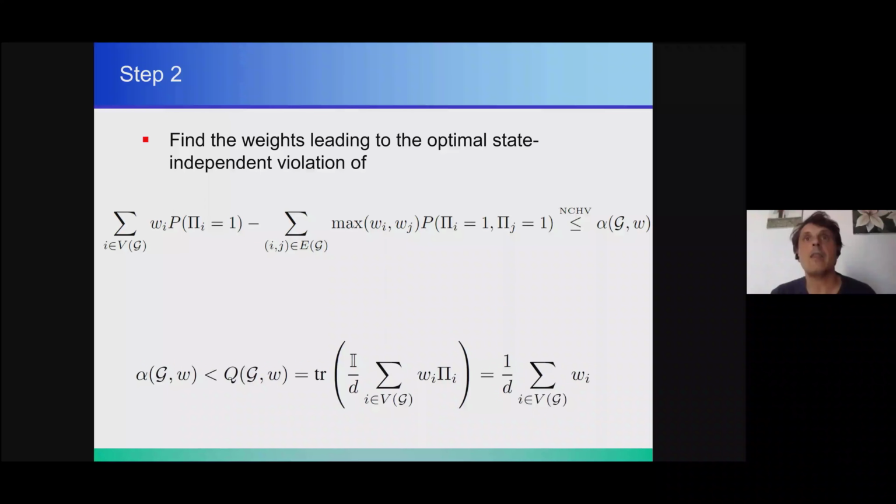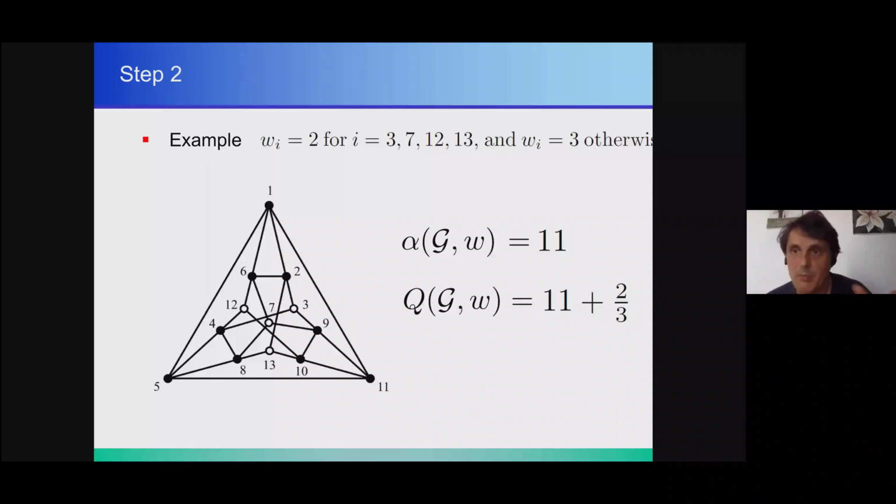And then you notice the following: this inequality, by the way, you can also optimize to make the gap between non-contextual theories and quantum as maximum for this given set. In this particular case, after optimization, these are the weights, and this is the classical bound and the quantum value. And that's important: this is the quantum value for any initial state.